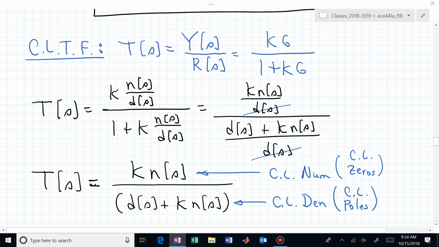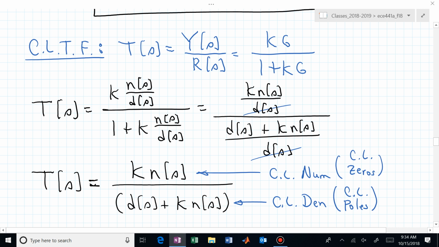But now what we want to do is figure out how, by adjusting K from 0 to infinity, we can now plot the entire locus of points that correspond to the roots of that closed loop transfer function. Where are the closed loop poles? If I adjust K from 0 to infinity, where do they live on the complex plane?